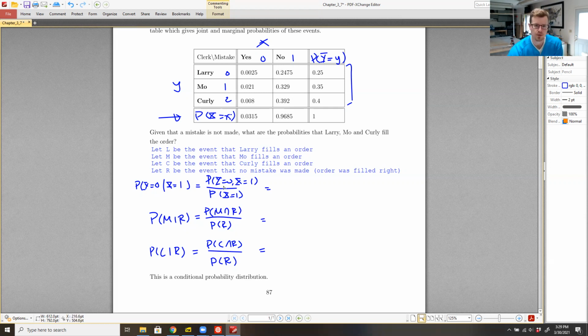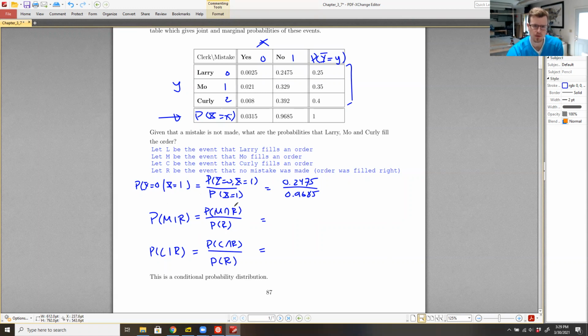So 0 and 1: Larry fills the order and no mistake is made. 0.2475 divided by the probability that no mistake is made, 0.9685. We do this for all of them. I could rewrite this in the random variable notation, but I'm not going to worry about that. I think you get the idea.